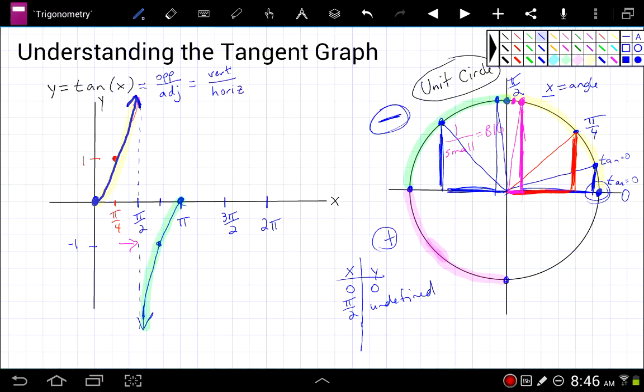At 3 pi over 2, I'm undefined again, because my horizontal side is 0. So halfway between pi and 3 pi over 2, my ratio is 1 again, and it's positive now.